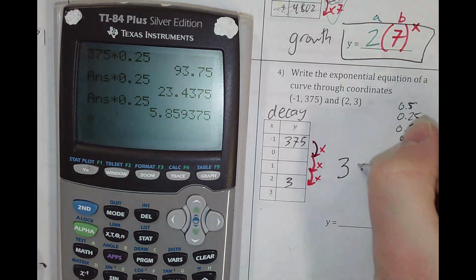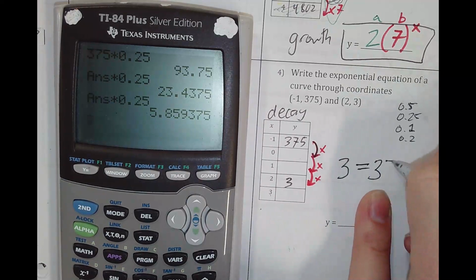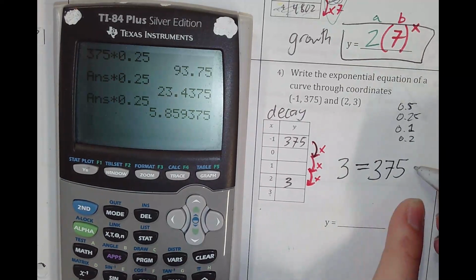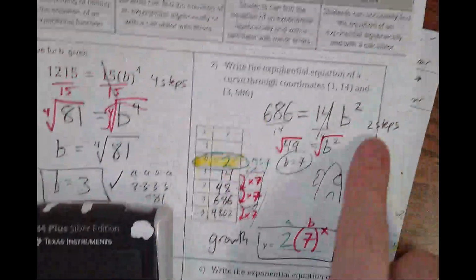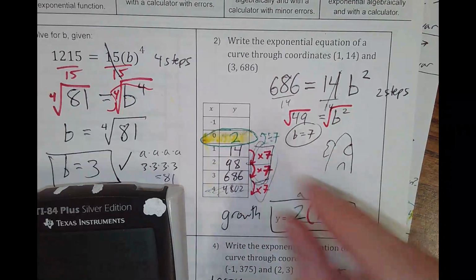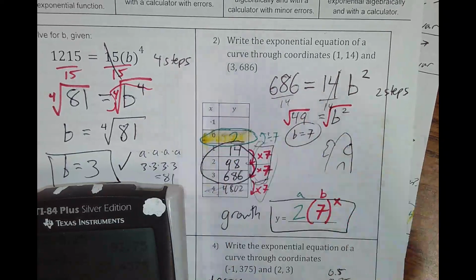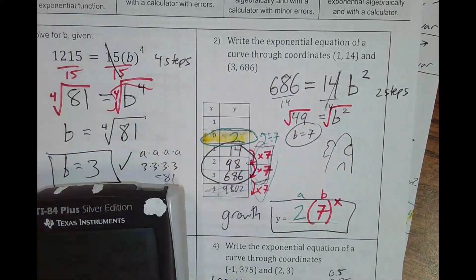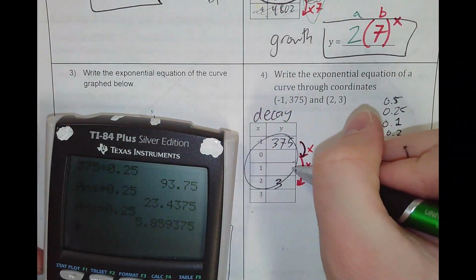Our goal is to get to 3. We need to multiply 375 by our multiplier, b. How many steps? All right, this last one, let me highlight it, the difference was only 2 steps. 1, 2. Here, the difference is 1, 2, 3 steps.